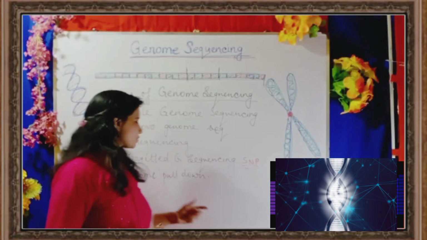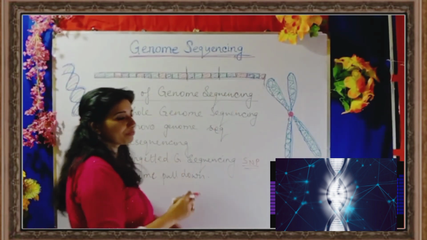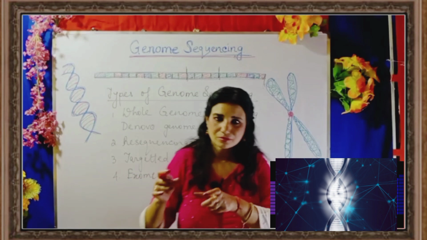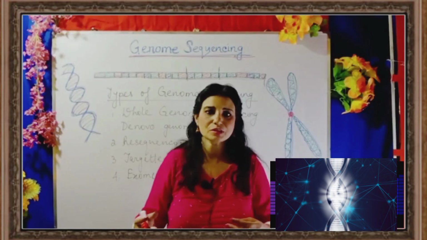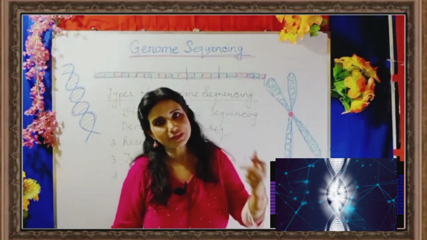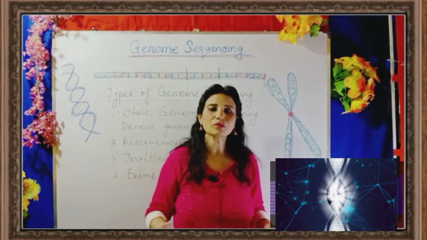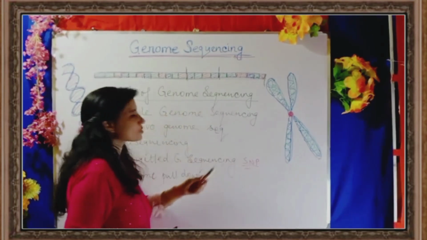This is what the exome pull down is all about. Not the entire genome will be sequenced, only the protein coding section will be picked and sequenced. This is an overall view of genome sequencing.